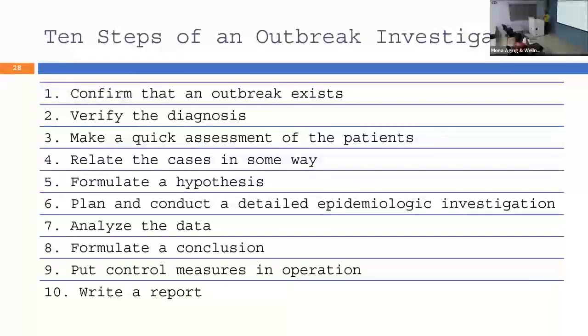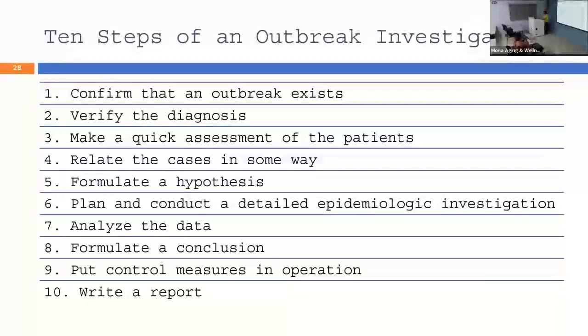All right. Make a quick assessment of the cases. Are we having more males than females? Is the elderly more affected than the young? Is it children that are getting infected? Is it persons who are not immunized, persons in a particular area? All right, so relate the cases in time too.